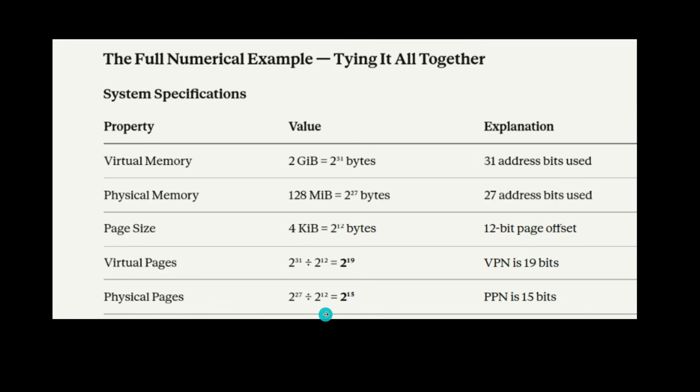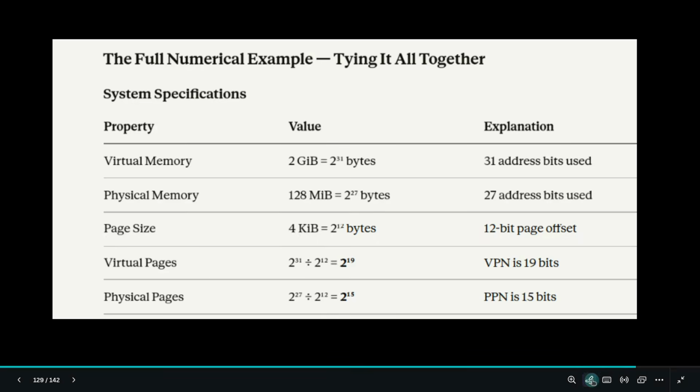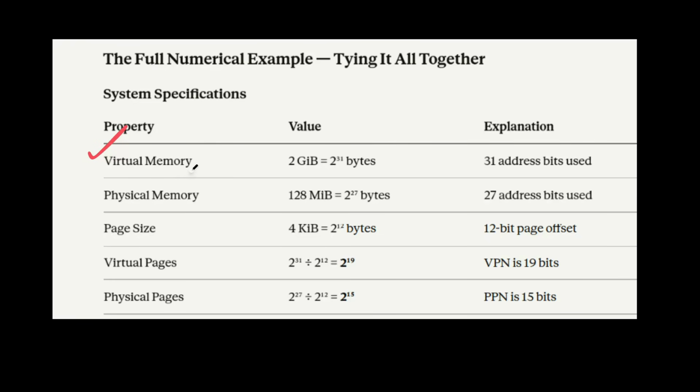How do we understand that? You have to understand this with an example. Let's say the virtual memory has a capacity of 2 GiB.